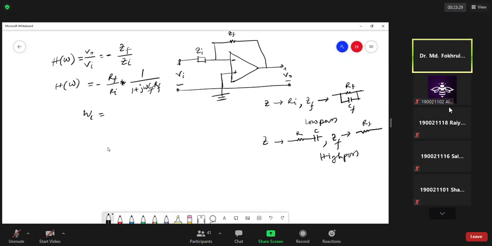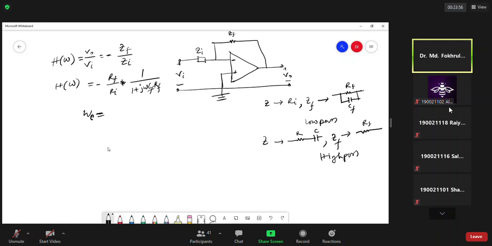How can we find the corner frequency? Can anyone say? The corner frequency is also called the breakdown frequency, the break frequency, or the cutoff frequency. Even you can say it is the 3 dB frequency. So how can we find this 3 dB frequency ωc, the cutoff frequency?